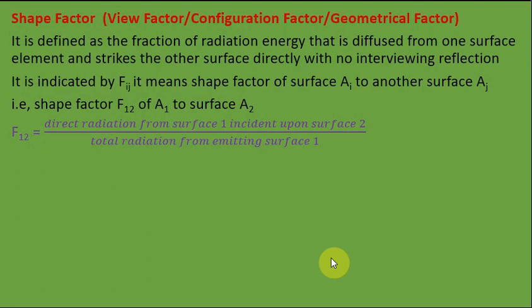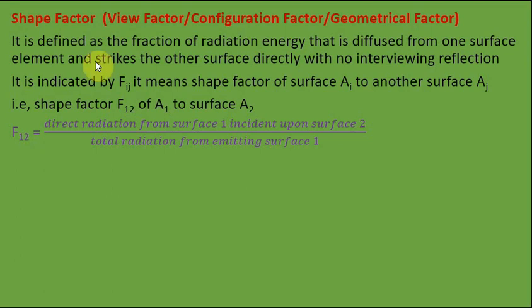That means without any reflection or other diffusion phenomena, the ratio of the radiation emitted from one surface which strikes the other surface is called the shape factor. Mathematically, it is the direct radiation from surface 1 incident upon surface 2 divided by the total radiation emitted from surface 1.